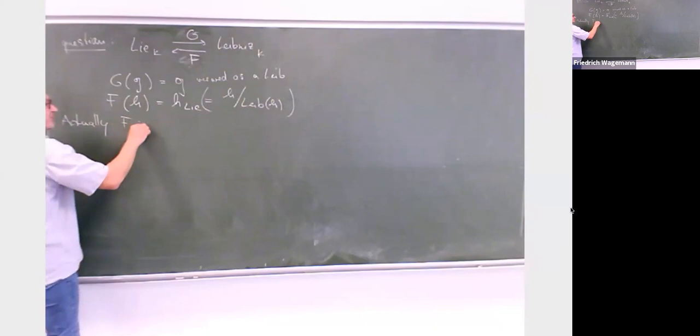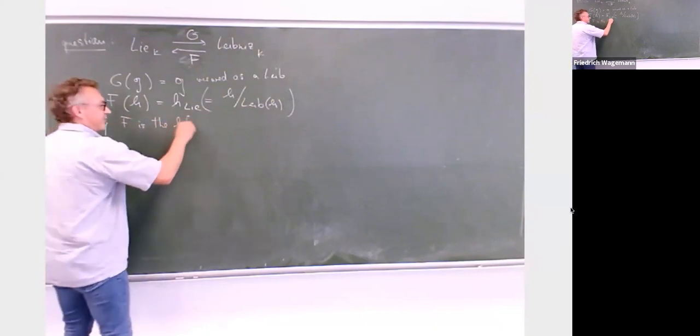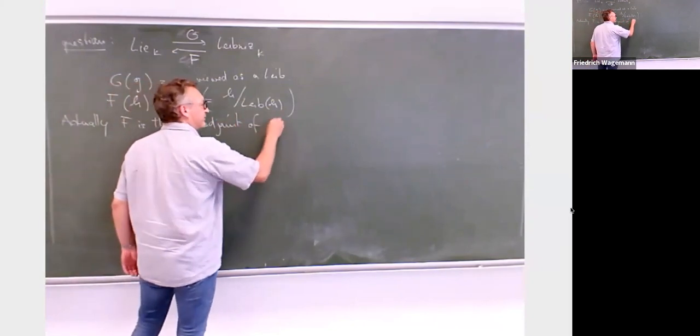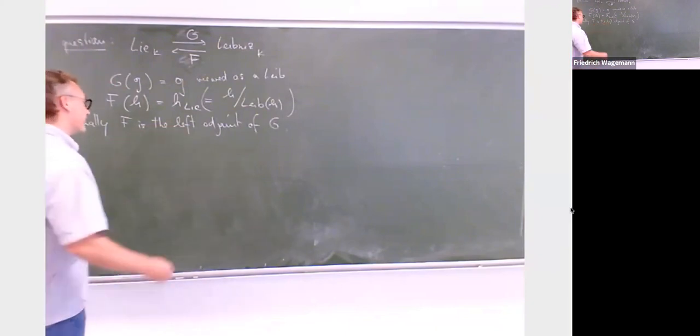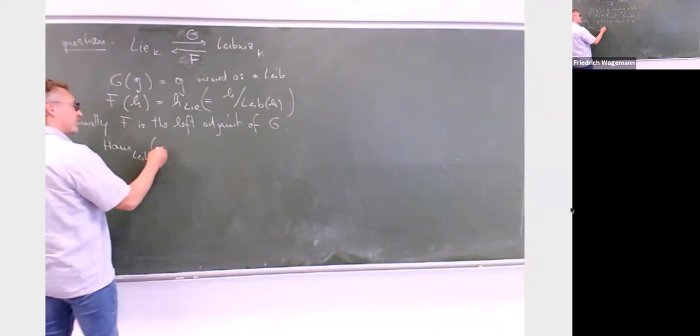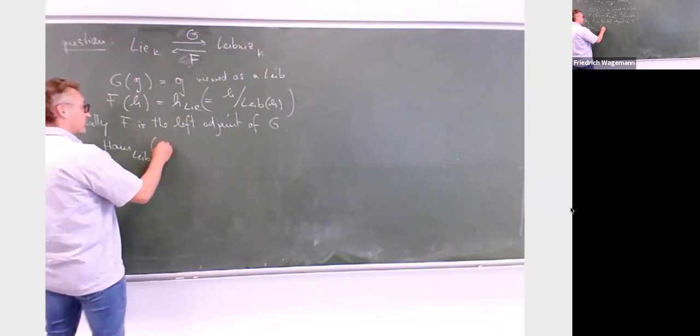And actually, these are adjoint. Actually, F is the left adjoint of G. G is kind of the inclusion functor, inclusion of the category of Lie algebras into Leibniz algebras, and F is the left adjoint. Yeah, and this is, let's say, an exercise.